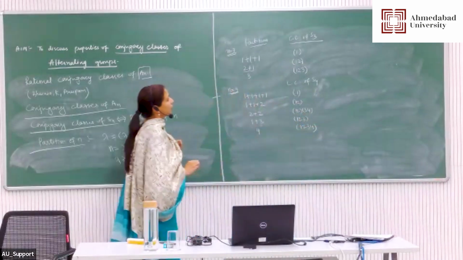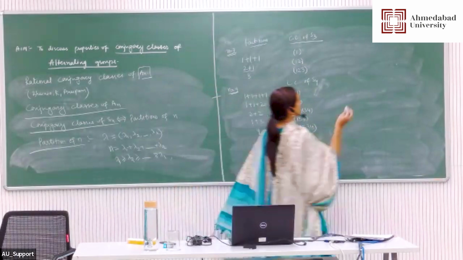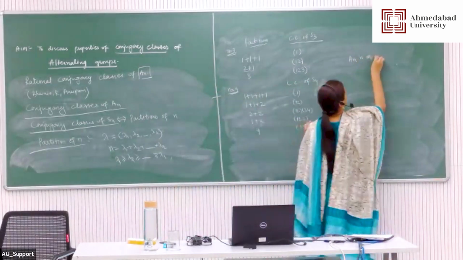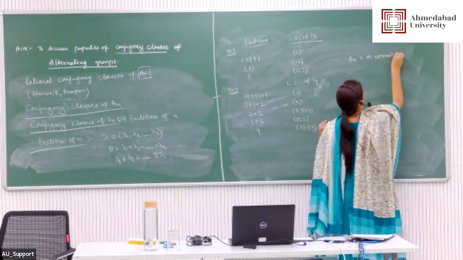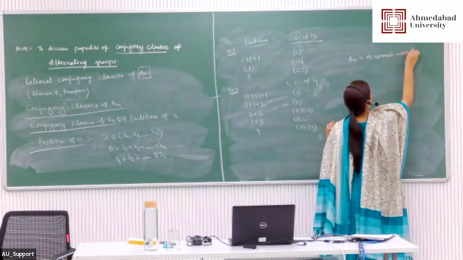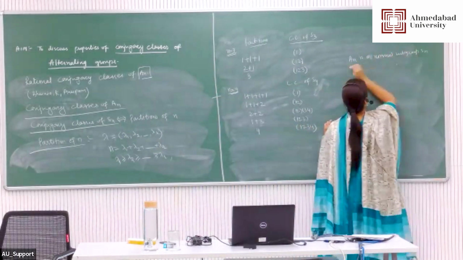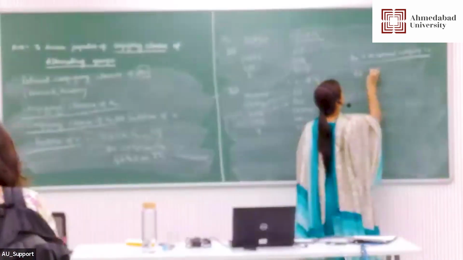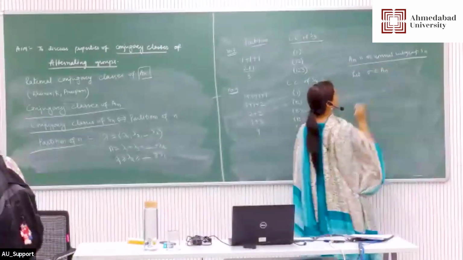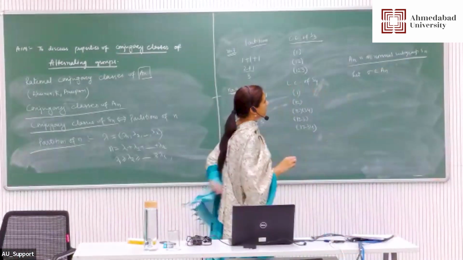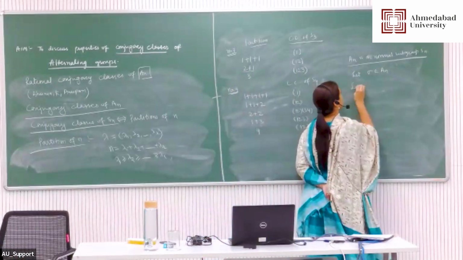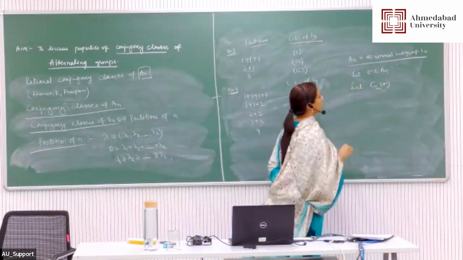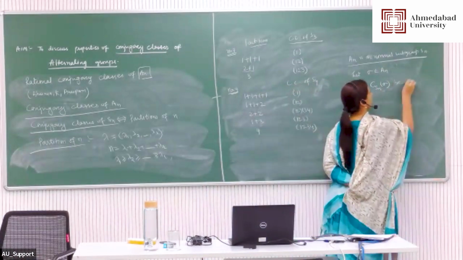Okay. Now, An is a normal subgroup of Sn. So let sigma belong to An, that is, sigma is an even permutation. Let C be the conjugacy class of sigma in Sn.